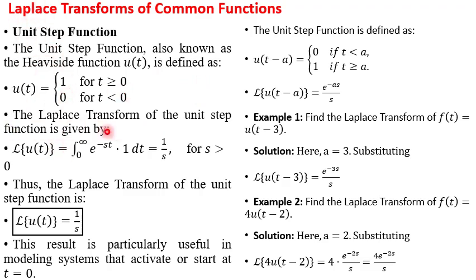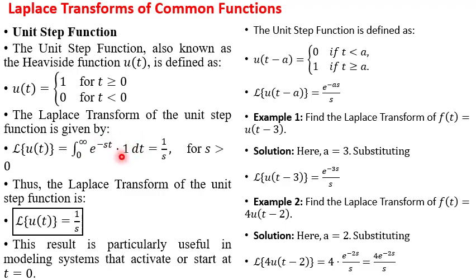By the definition of Laplace transform, a unit step function is defined by this. This is the function f of t ordinarily, but because it's a unit step function, it is denoted in this form. Now the Laplace transform of a unit step function equals, basically the definition of Laplace transform is integral from 0 to infinity of exponential raised to power minus st times function of t dt.